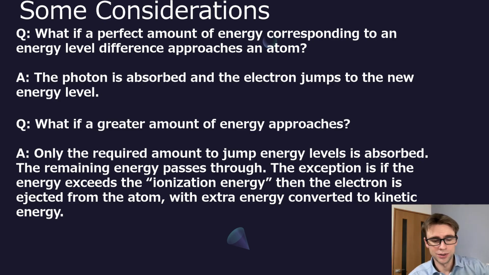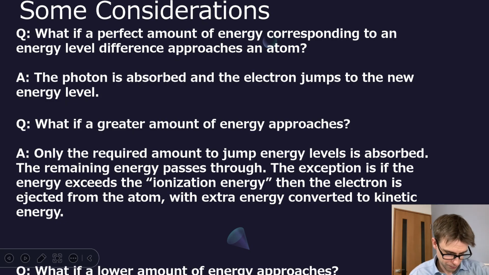This is a special idea where the gap from wherever the electron is up to the infinity energy level, if we give the electron that energy plus more, in that case, we'll actually eject and kick the electron totally out of the atom, and any extra energy from our photon will go into the kinetic energy, the energy of movement of the electron, and accelerate it away from the atom.